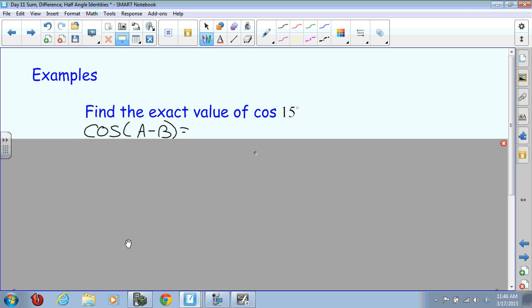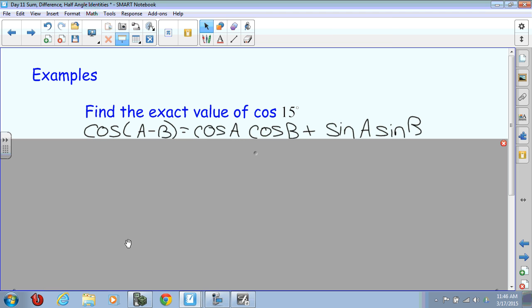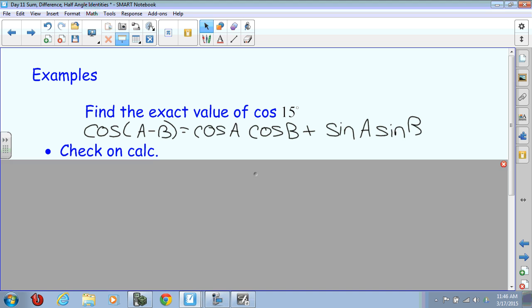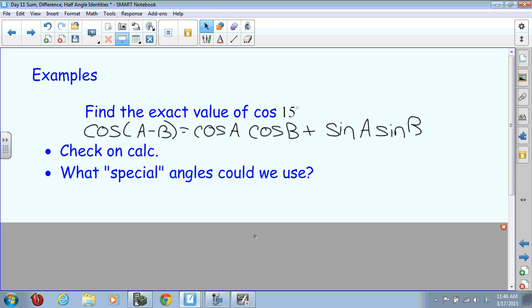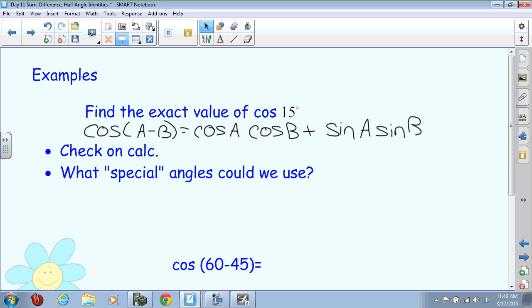And that formula, all I'm doing is writing the formula right now, is cosine a, cosine b, plus sine a, sine b. So Danny said, let's do cosine of 60 minus 45. You can do 60 minus 45, you can do 45 minus 30. Either one will get you the same exact answer.